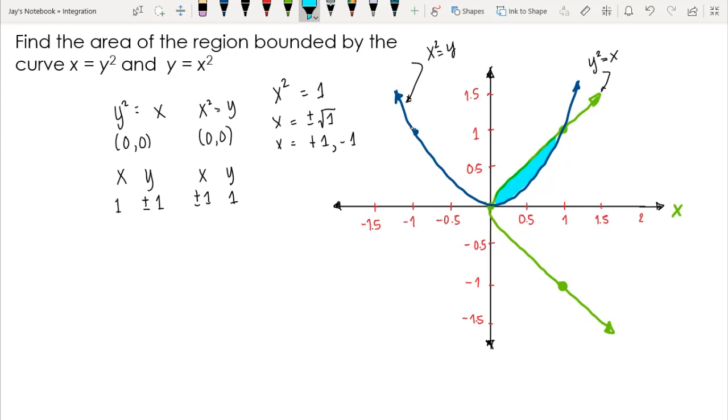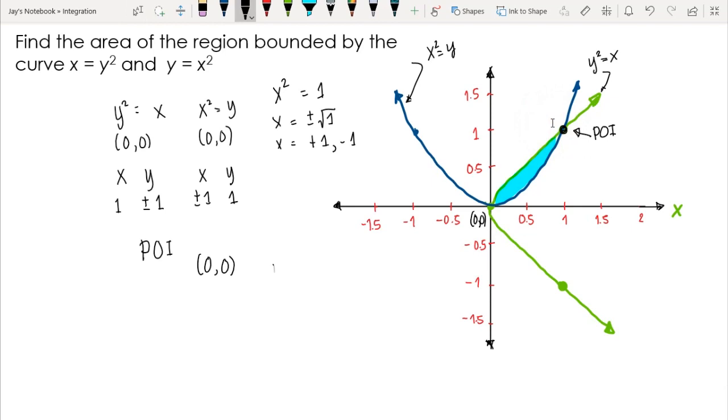In computing the area, we need to first determine their points of intersection. We know that their points of intersection are first at the origin, take note, so they have a point of intersection at 0, 0. And the next point of intersection is at this point. How are we going to compute that point? We can use the substitution method in determining the common coordinates.